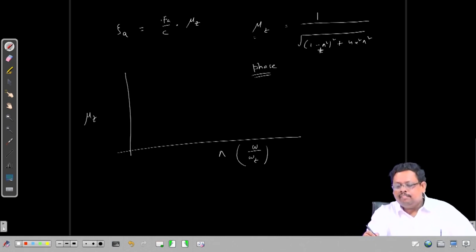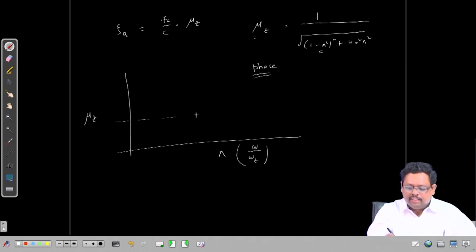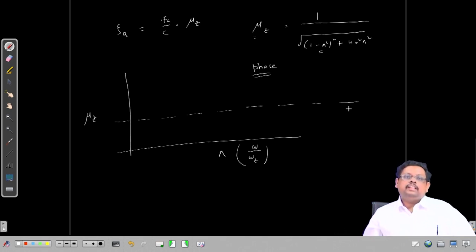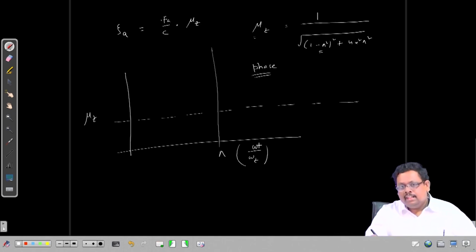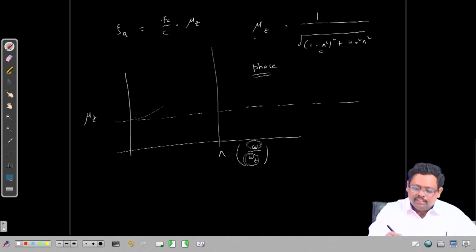If you put gamma equal to 0, then actually you can see that mu z equals 1. Now, at gamma equal to 1, that means when the frequency of the forcing function equals the natural frequency, it shoots up to infinity.